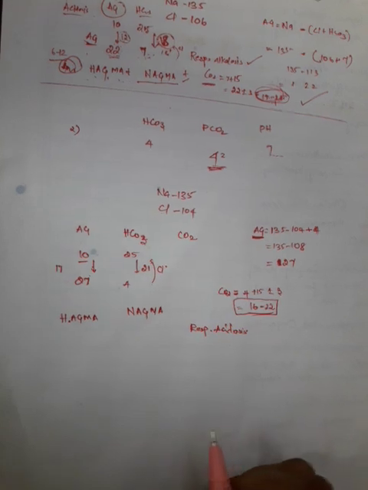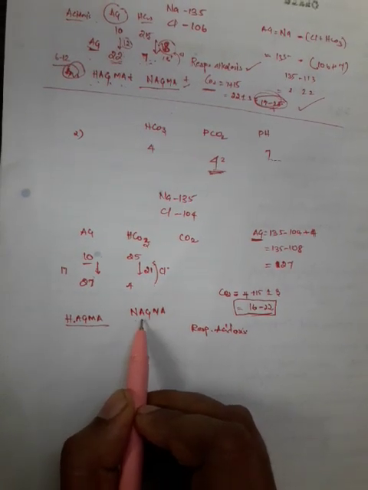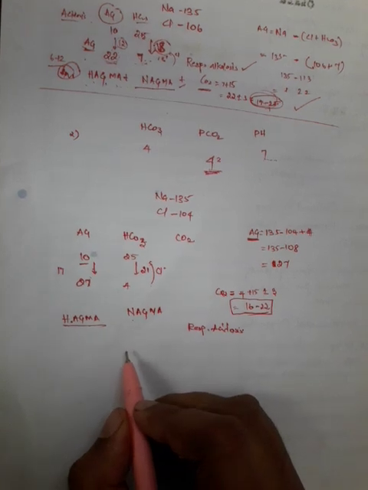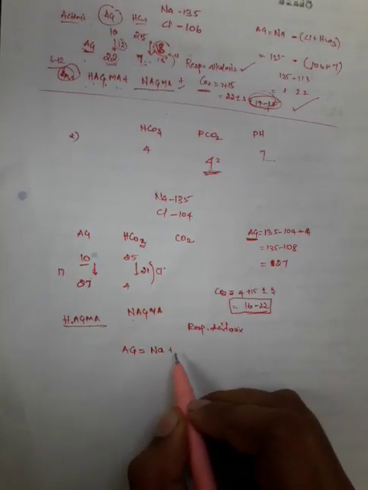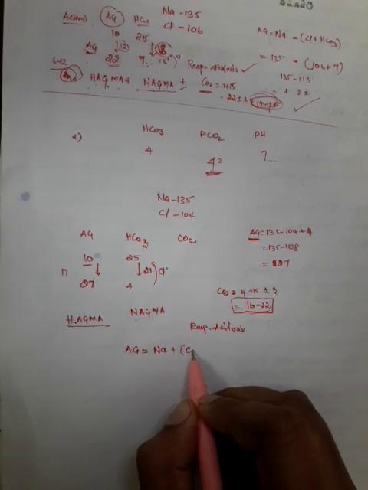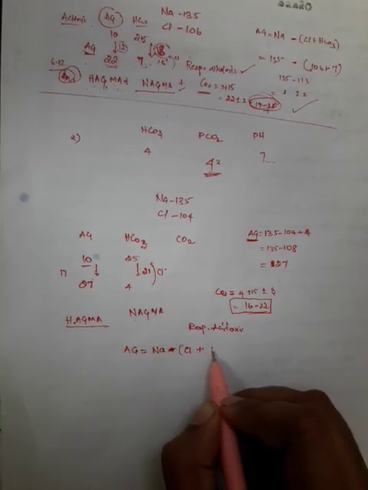Now see why I am saying high anion gap metabolic acidosis and normal anion gap metabolic acidosis. The anion gap formula is sodium minus chlorine plus bicarbonate.